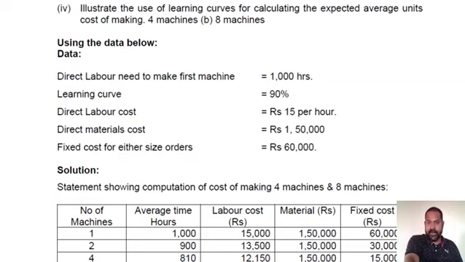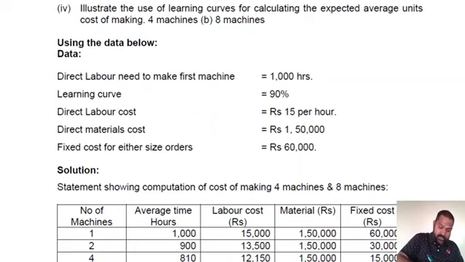Let me get rid of the question by writing down the basics of the data. Should I write it down here? I think yes. So I'm writing down direct labor is 1000 hours. Learning is 90%.